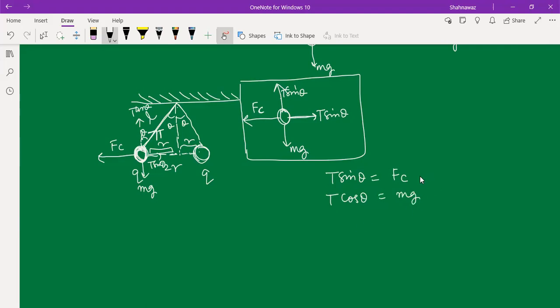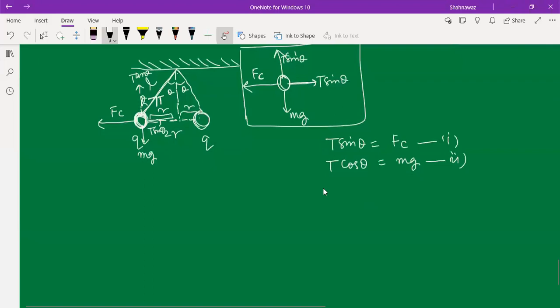Okay. This is 1, this is 2. Let's divide 1 by 2. So we will get what? T cancels, and sine theta by cos theta is tan theta. So tan theta is Fc by mg.